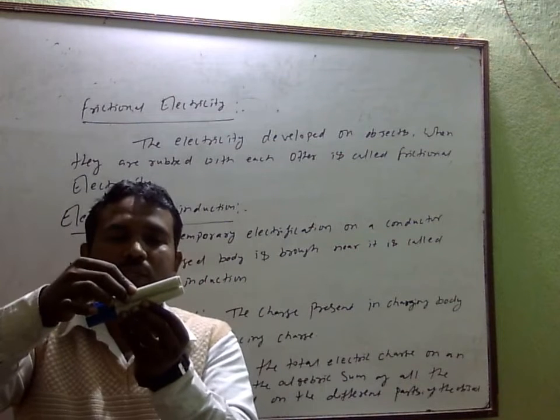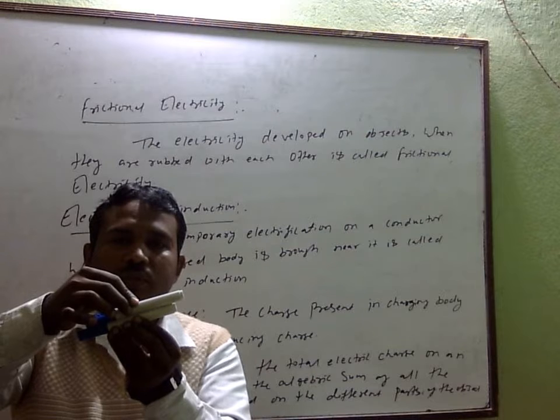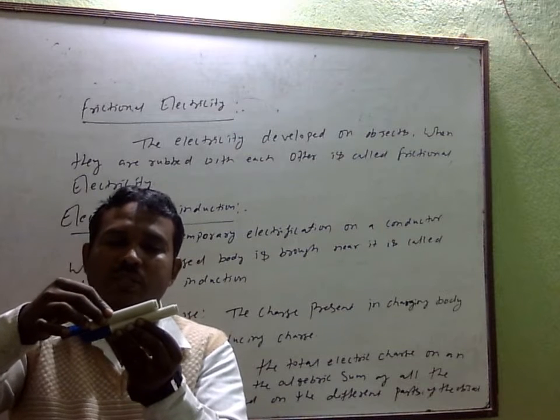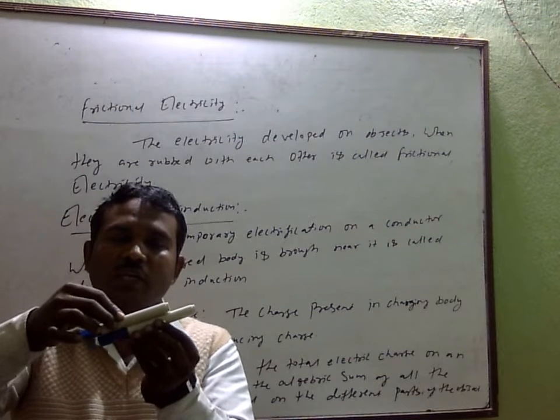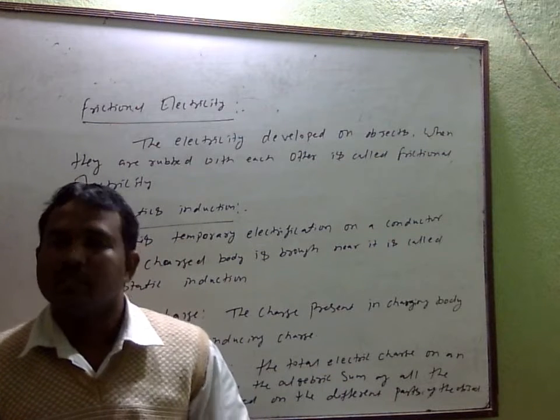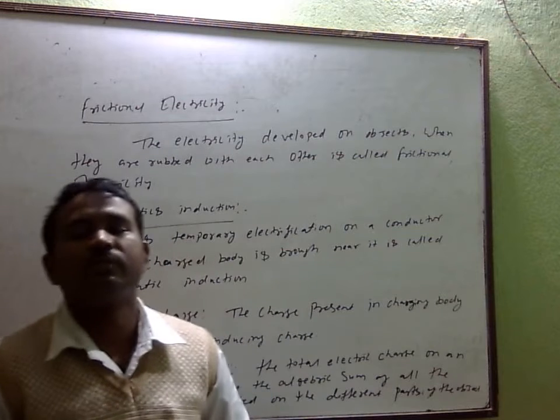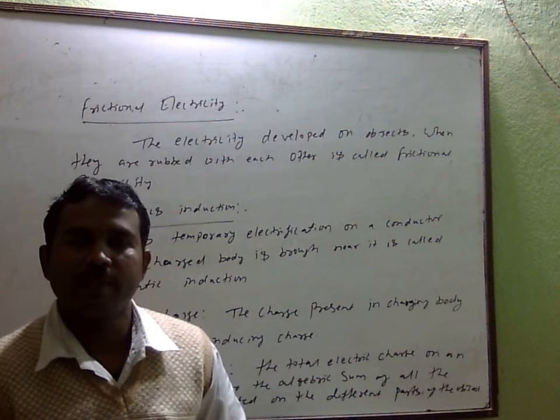When these objects apply force in opposite directions through the contact of these faces, a force is generated. That force we can say is the frictional force. Simple things we can say.